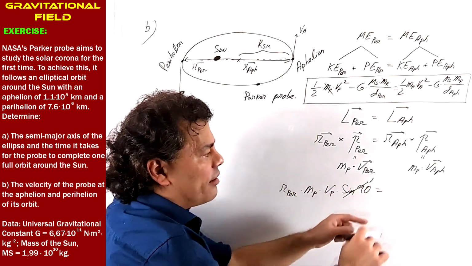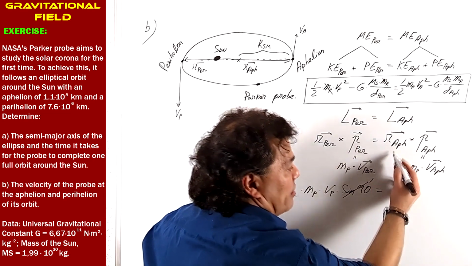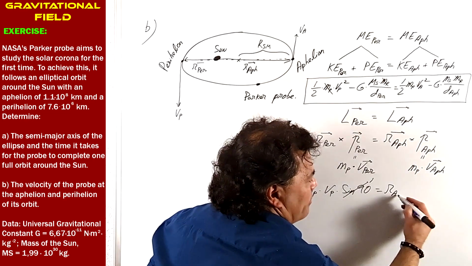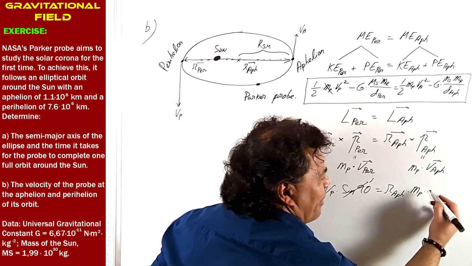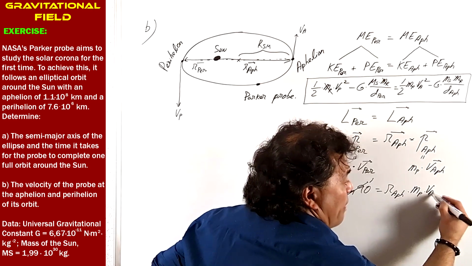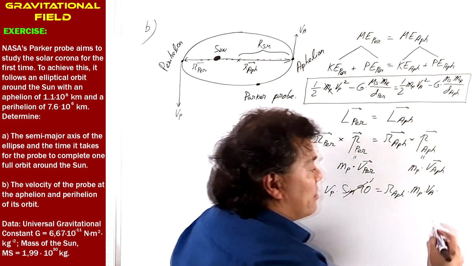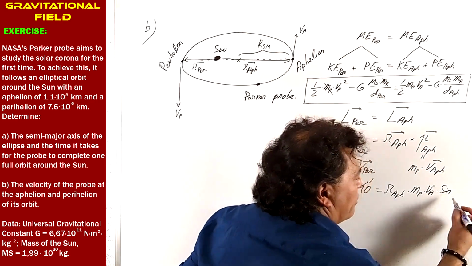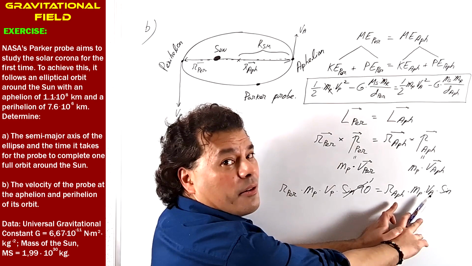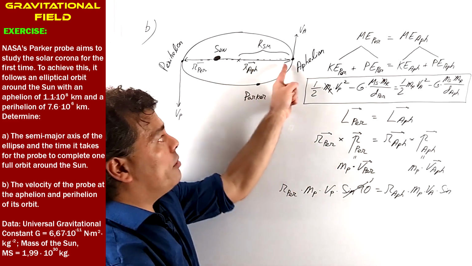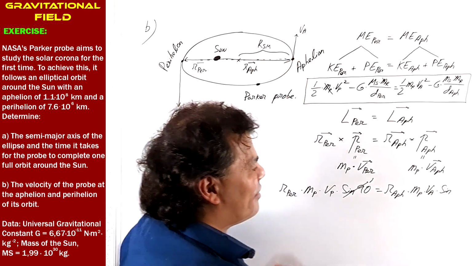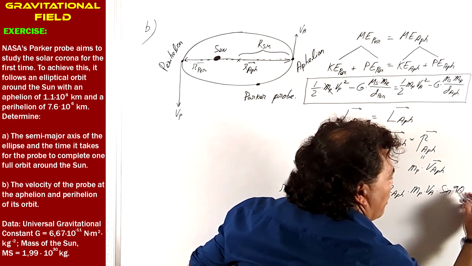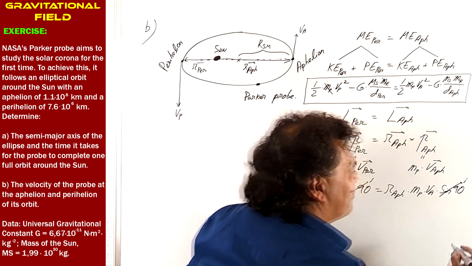And the same thing at the right side. The distance to the aphelion, the mass of the probe, the velocity at the aphelion, and the sine of the angle between these two vectors, the position vector and the velocity vector, which is 90 degrees. And also the sine of 90 is 1.